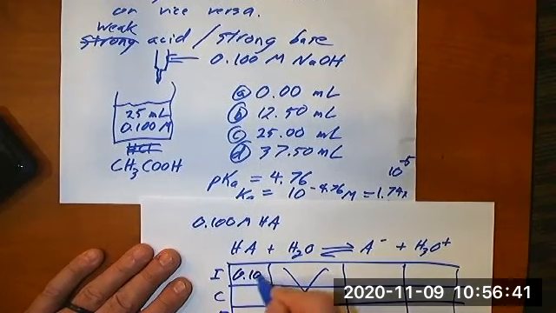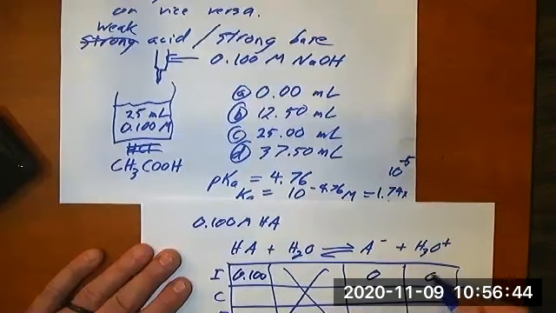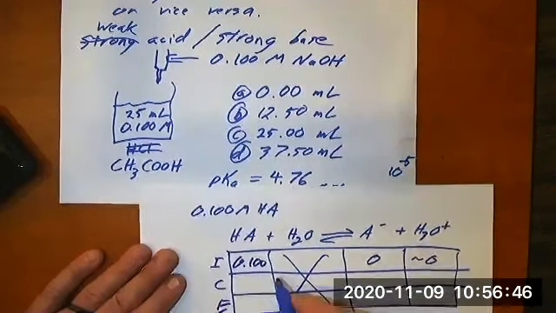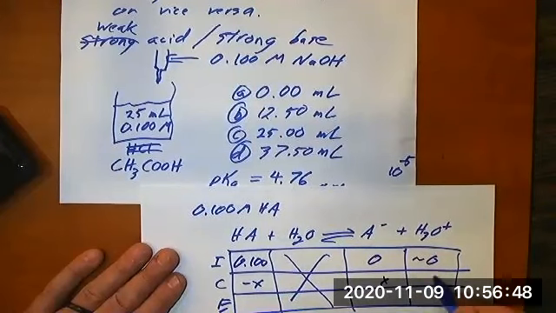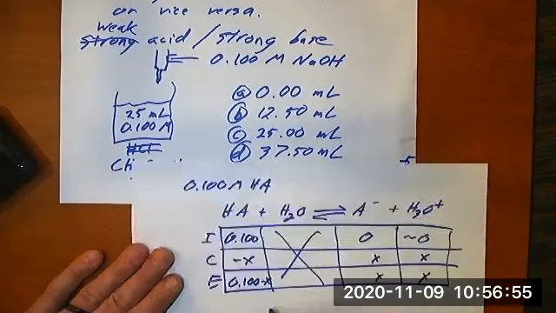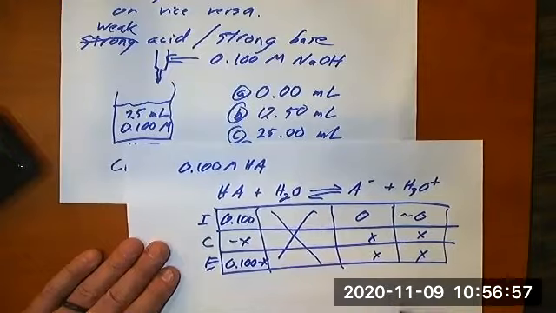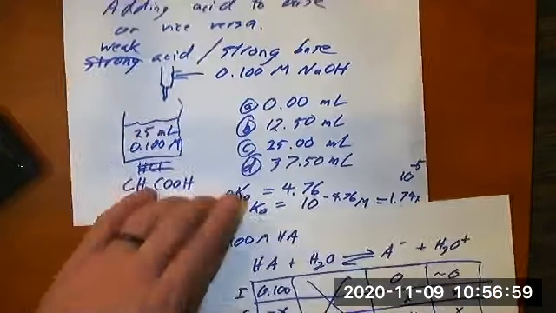The initial concentrations are 0.100, 0, 0, and the changes give 0.100 minus x, x, x. Let's assume that x is small compared to 0.1 and see if that ends up working for us.